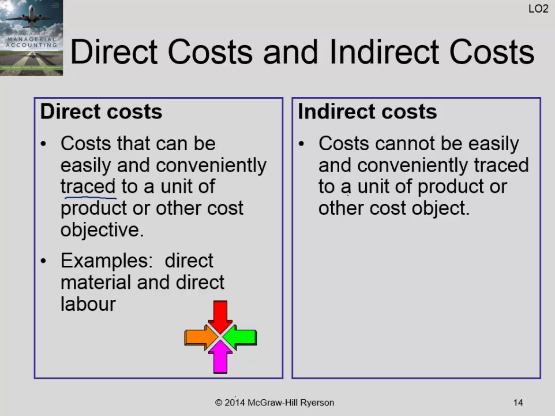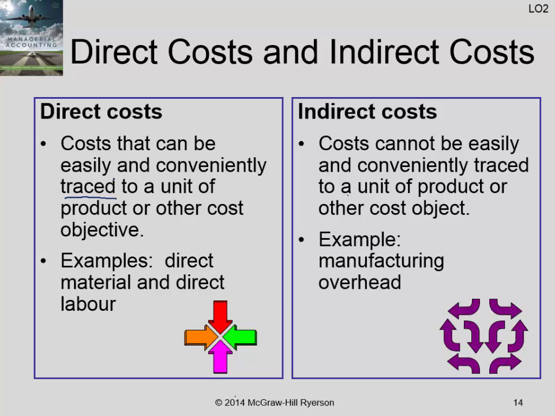And these are where it's not economically feasible to trace the cost to the unit of production, or what we'll call the cost object. So imagine we're talking about making wooden chairs, right? Let's say you get some flat boards and some round dowels for the legs. You can pretty much say, look, that dowel over there went into that particular chair.